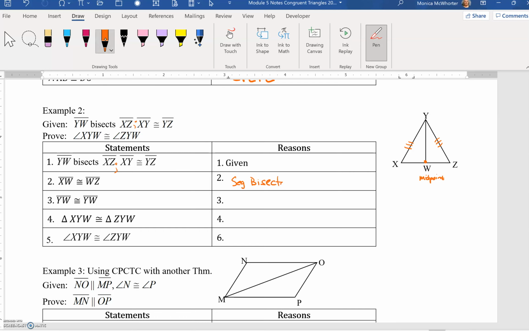And I'm still writing it in orange because it's something that we got directly from the given. And then YW is congruent to itself because of the reflexive property. And, oh, I forgot to mark that these were congruent to each other, even though I said it in statement 2. Let me go back and rewrite that in light blue so you know what goes with what.